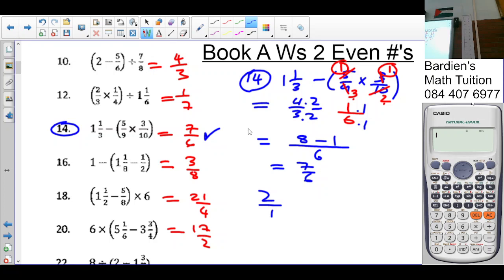If the number, like here the number is 2, to represent that as a fraction, it can be written as 2 over 1. If you have a million and you want to write that as a fraction, it's a million over 1. If it's 500 as a fraction, it's 500 over 1. So that is the first step I do in converting into a fraction.